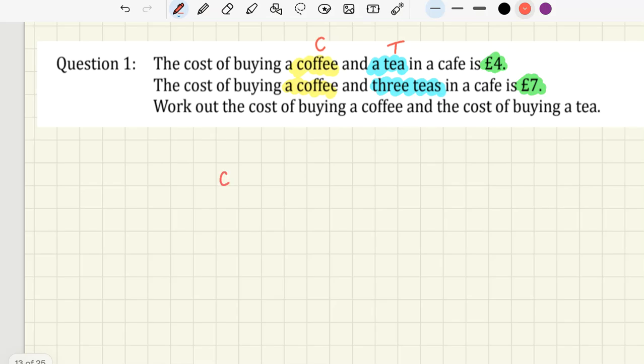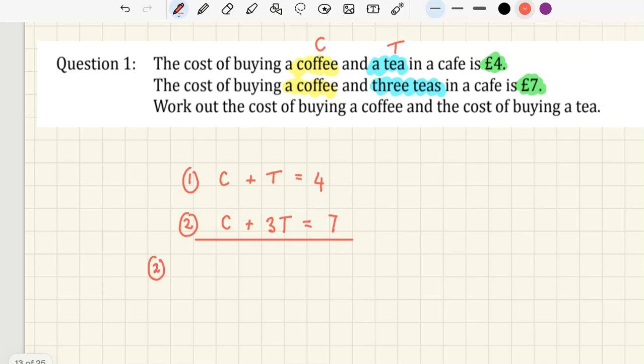So the cost of 1 cup of coffee plus the cost of 1 cup of tea is equal to £4. The second equation would be 1 cup of coffee plus 3 teas equals 7. So there's your 2 equations. So how did we deal with those?